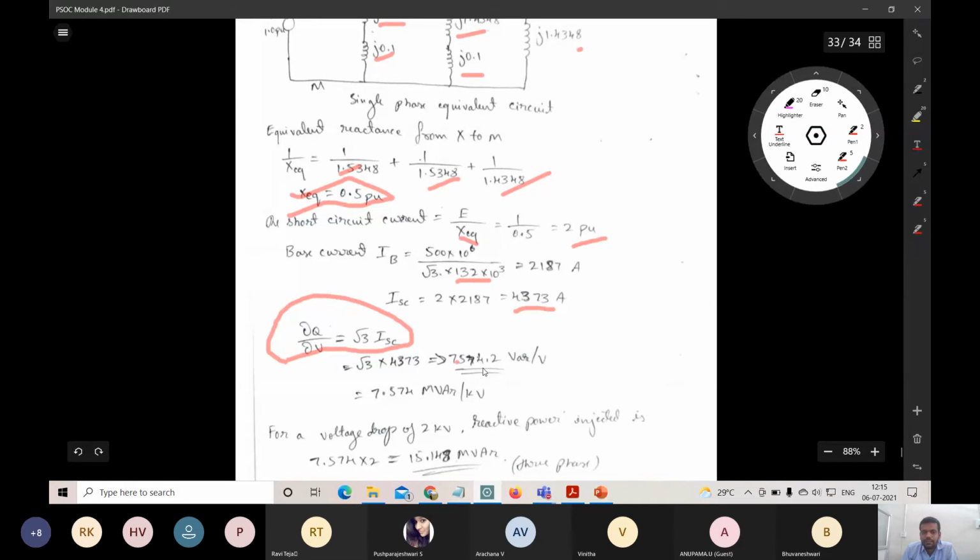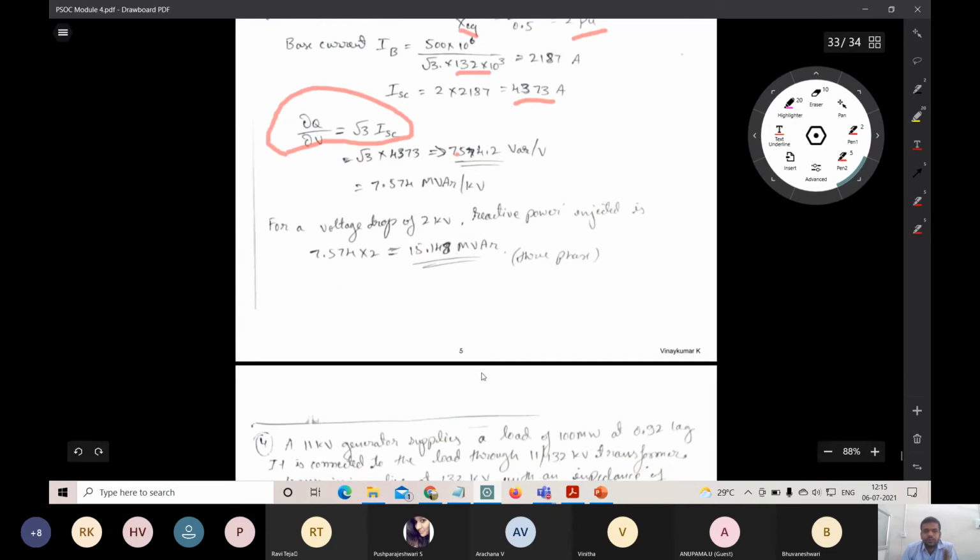So 7.575 MVAR. This is for per kV voltage drop. 7.574 MVAR is for a single kV. So if you want to calculate for 2 kV, just multiply by 2. You will get 15.148 MVAR. That is for 2 kV voltage drop in any bus.